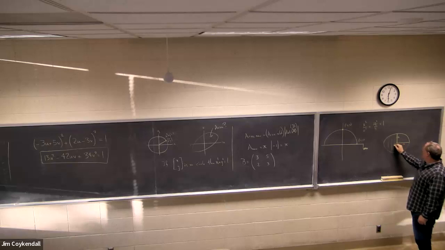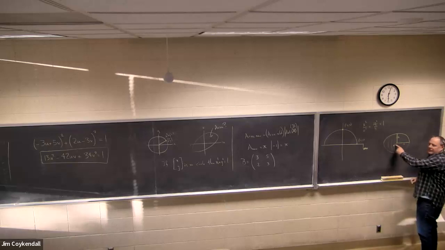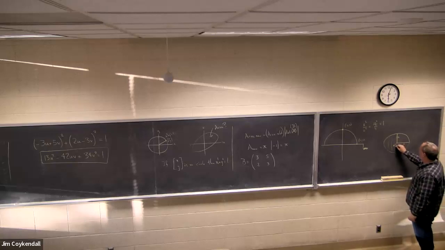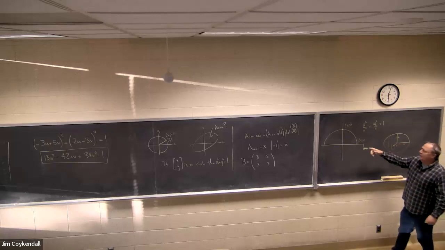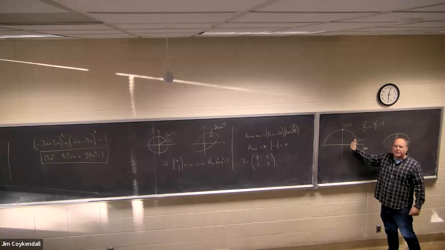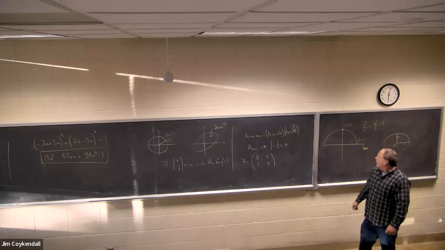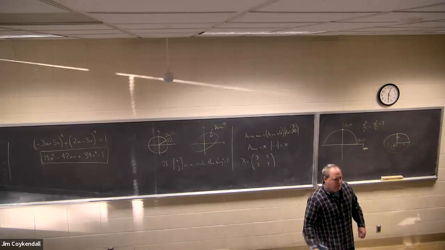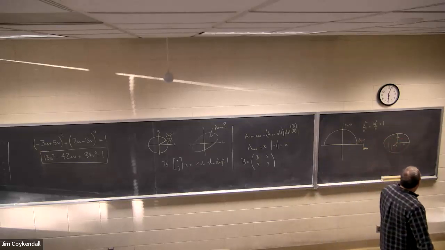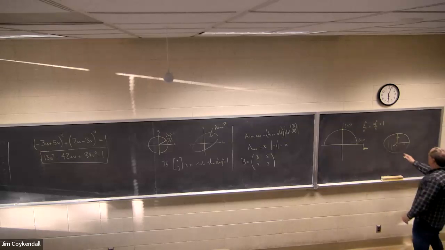And then there's a length coming out of the board, right? What will this length be? This will also be b, right? Because we spin it around the x-axis, everybody agree? So basically, the cross section right down the middle is a circle of radius b. And the question is what's the volume of this, right? So everybody okay with this?